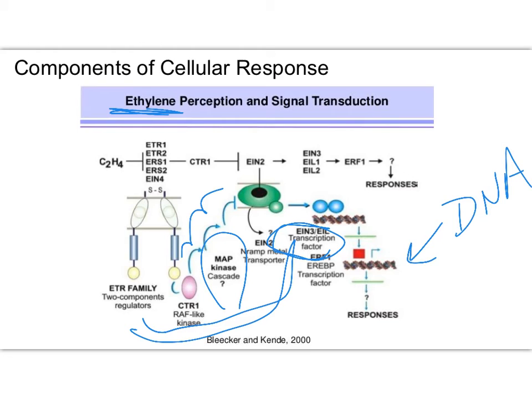Again, as the environment changes, that triggers the release of the ethylene. The ethylene binds to the receptor, triggers my pathway. My pathway ends up affecting my DNA, so my gene expression. So this time my cellular response is an altering of gene expression, which will then end up, for the organism as a whole, ripening the fruit.